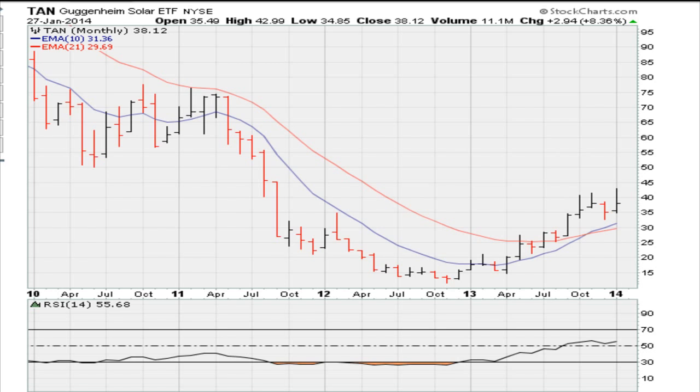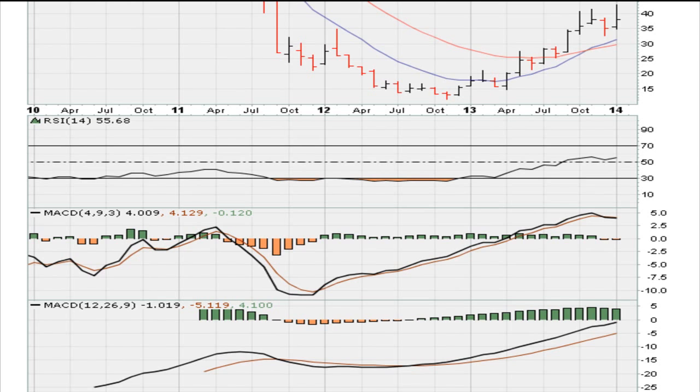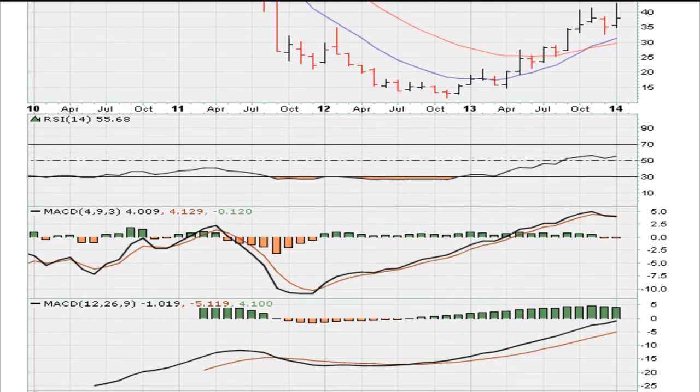And I want us to pay attention to when it broke out. So we can see, based on our system here, 3-year highs on the RSI. The breakout took place here sometime in April. That's when it broke out to 1-year highs on the price, and 3-year highs on the RSI, and also 3-year highs on the MACD.